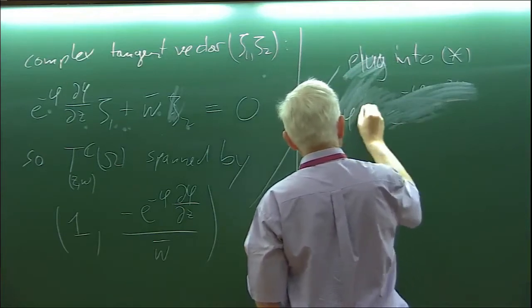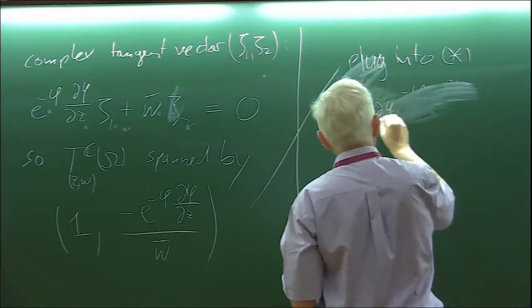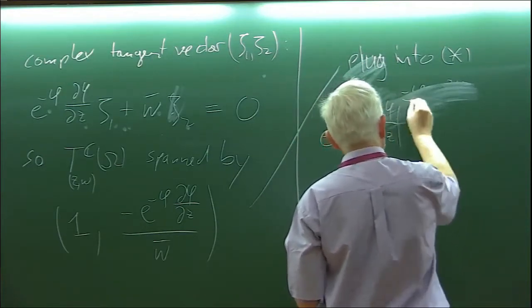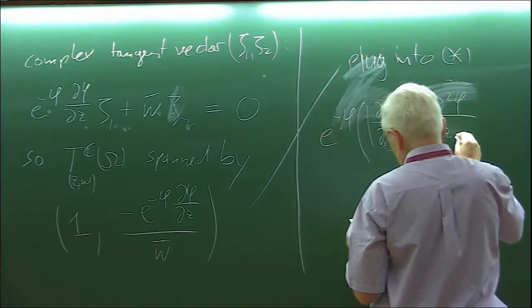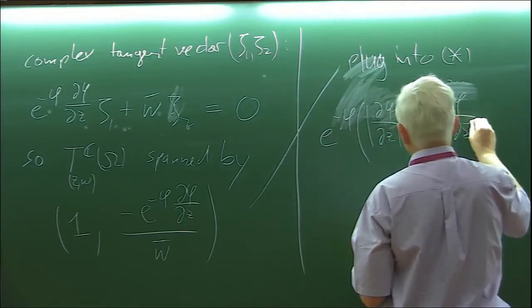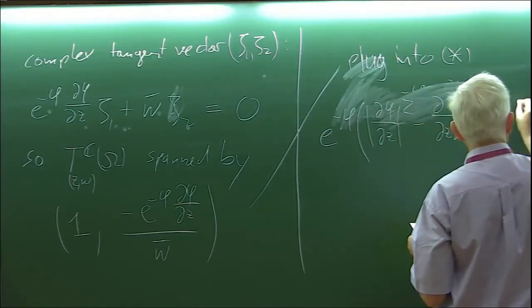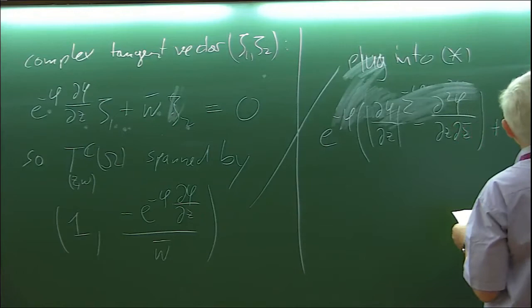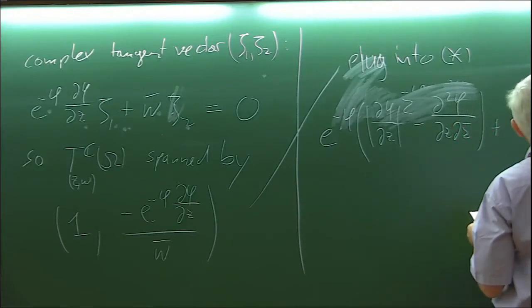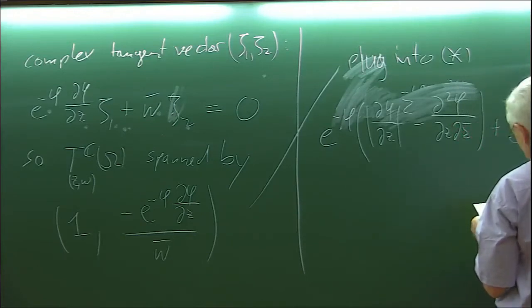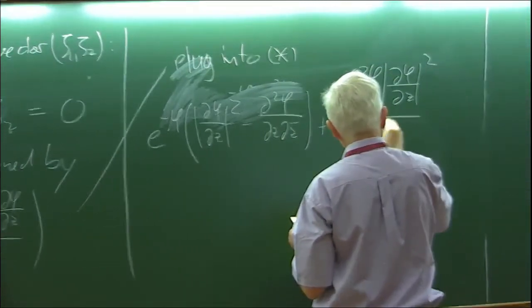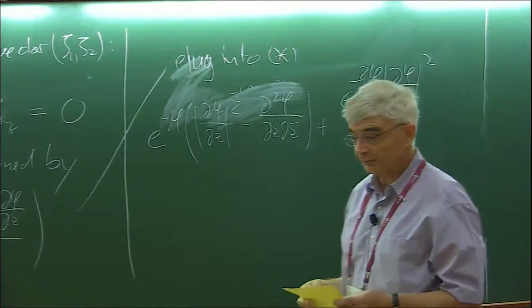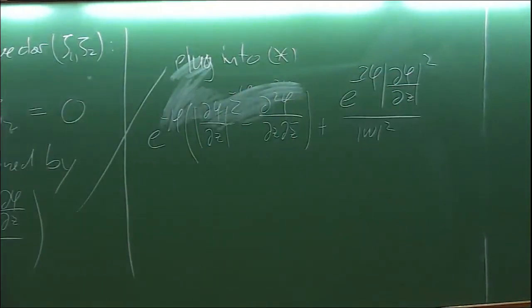It's going to be e to the minus phi. There's going to be a d phi by dc mod squared minus the Hessian dc bar plus e to the minus 2 phi d phi dc mod squared downstairs w squared. Okay?